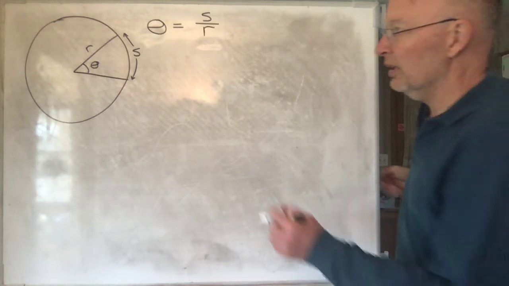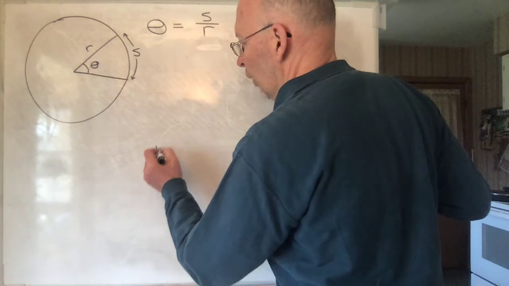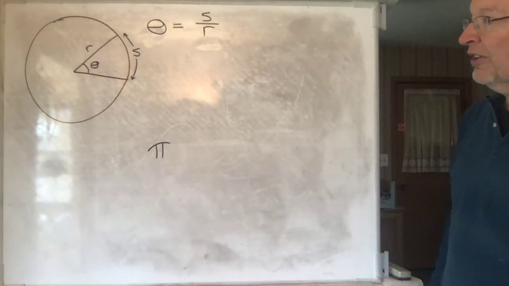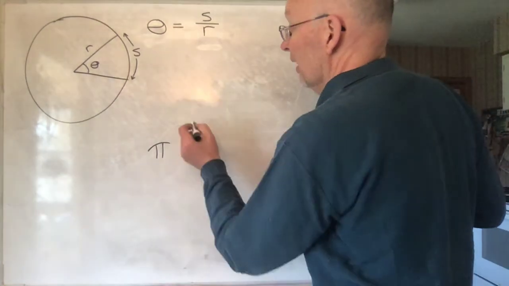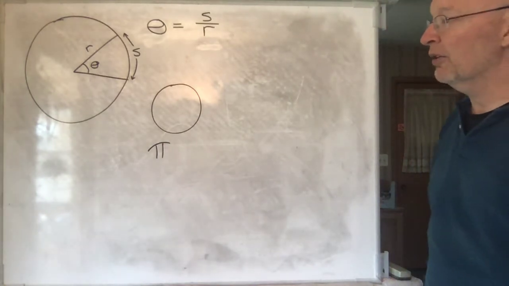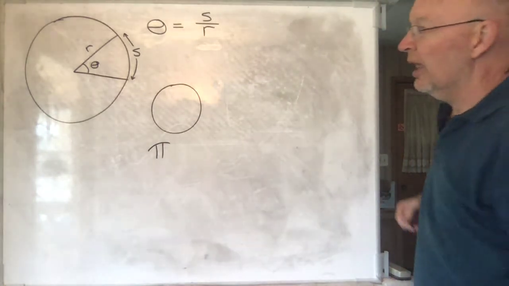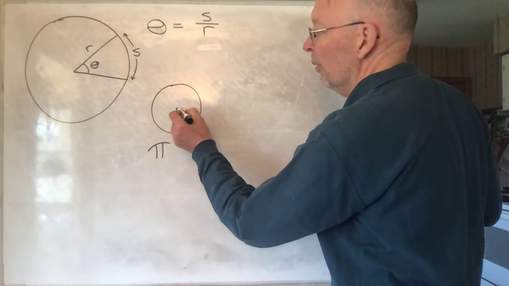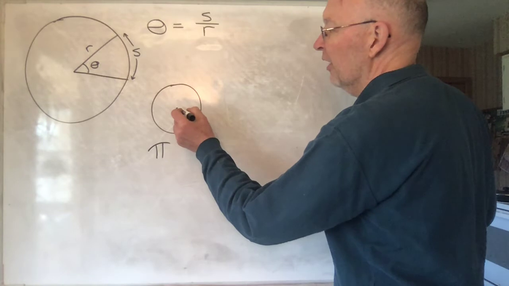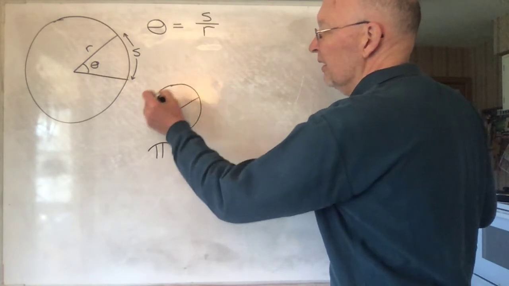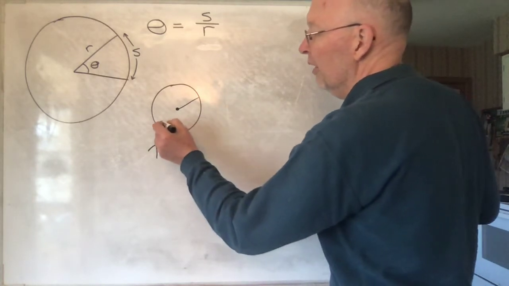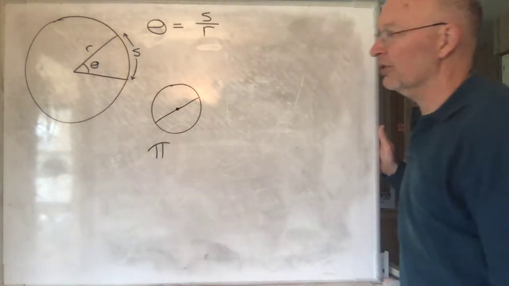Second thing we want to do is to ask the question, what is pi? Okay, I don't want the value of pi, I want the definition of pi. When I ask this question of my classes, I often take them out into the parking lot or a field, and I put them in pairs and put one person in the center with a big rope, and then the other person walks around the entire circumference of the circle, and they count the number of steps it takes to go around, and then they count the number of steps it takes to go across.